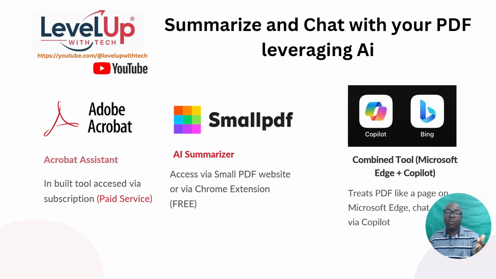The first tool we'll be using is called Adobe Acrobat. This is a tool that already comes standard with your Adobe Acrobat if you have the latest version. It is called Acrobat Assistant. This tool, which is inbuilt into your PDF, you can only access it through a paid service, through a subscription.